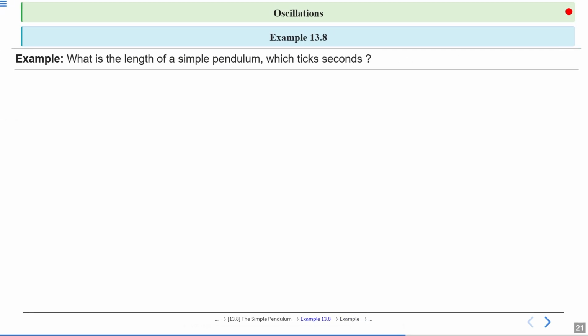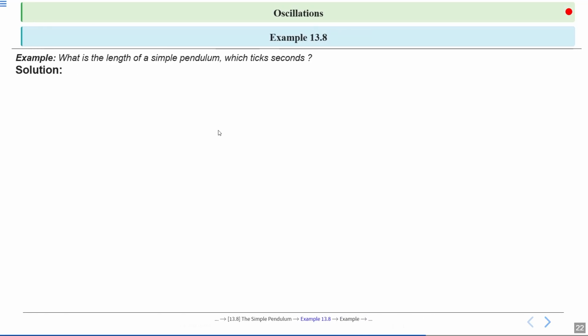Example 13.8. What is the length of a simple pendulum which ticks seconds? Let's see the solution. First, let's clarify what ticks seconds means. It refers to a pendulum that marks each second with a swing.